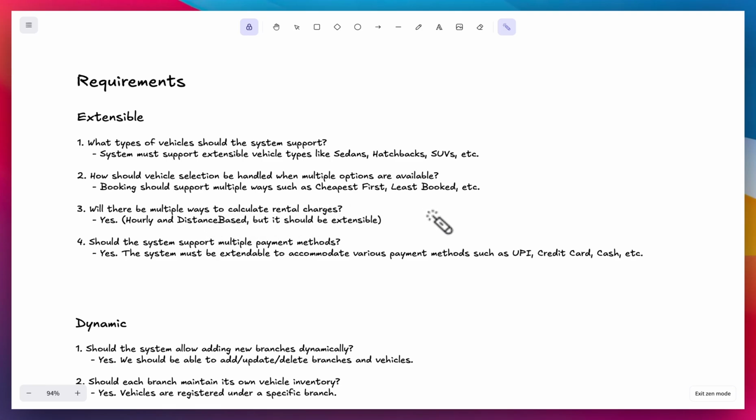So we can have one pricing strategy interface and one hourly based pricing strategy, which is a concrete class, and one distance based pricing strategy, which is another concrete class. And they both will be implementing the pricing strategy interface. And the fourth point is also the same, that is, it will also use the strategy design pattern for different payment methods.